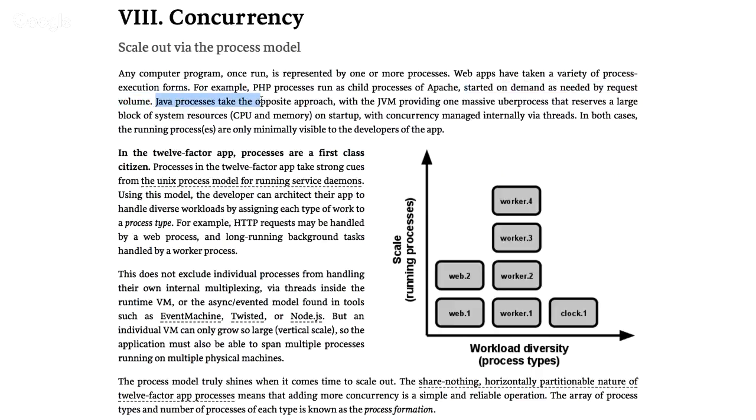Java processes take the opposite approach, with the JVM providing one massive Uber process that reserves a large block of system resources on startup, with concurrency managed internally via threads.